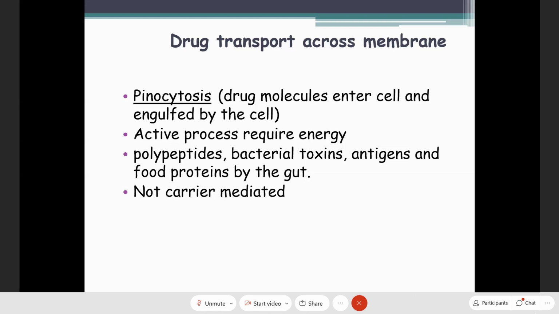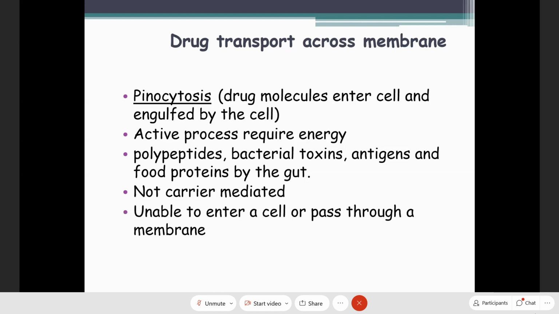Mainly polypeptides, bacteriotoxins, and antigens go through pinocytosis. It's not carrier mediated. Usually when the drug is unable to pass through the membrane, it will undergo pinocytosis.